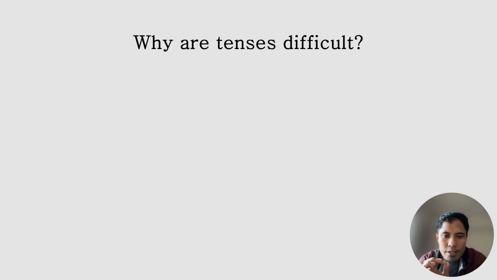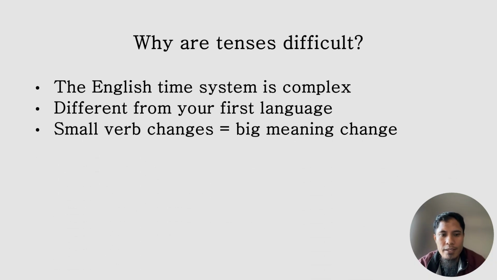Okay, these are simple questions, right? Why are tenses difficult? Tense errors happen because English expresses time very precisely. A small change in the verb, for example, adding ed or using has, can completely change the meaning of a sentence.